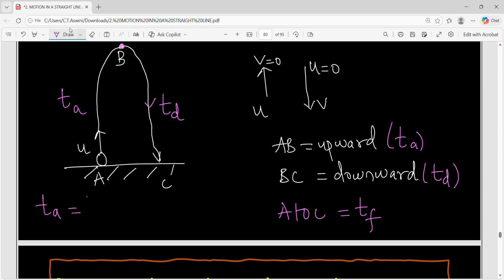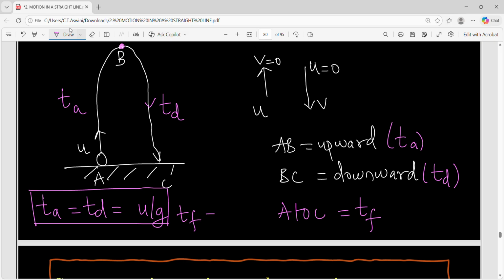We have the formulas, time of ascent, time of descent. They have same formulas, U upon G. Now can you predict what is time of flight? It is the total journey time. So what will be time of flight now? It will be 2U upon G. It is time of ascent plus time of descent.